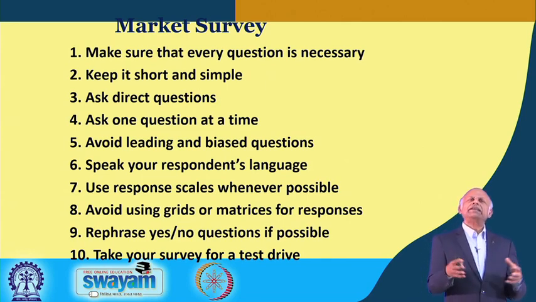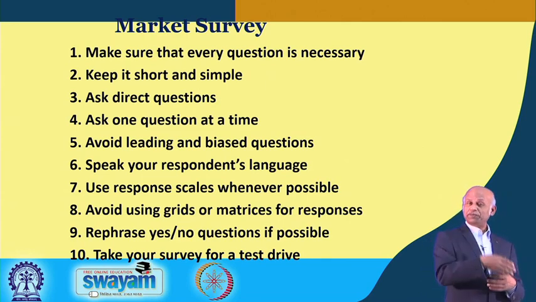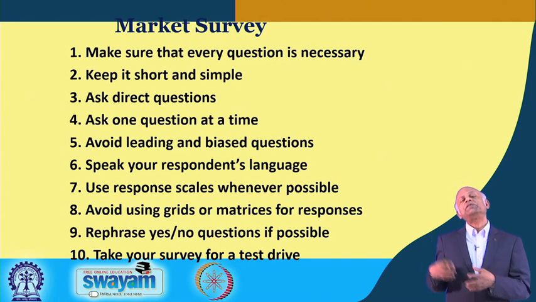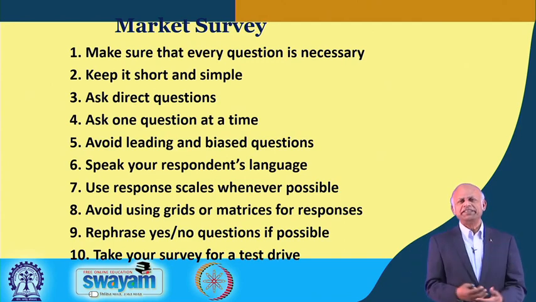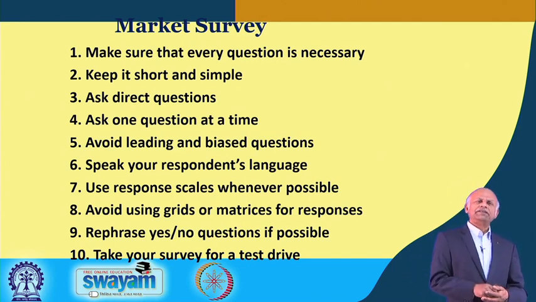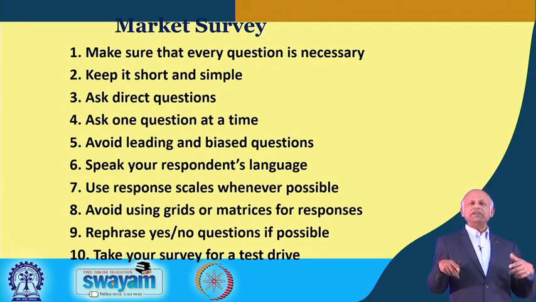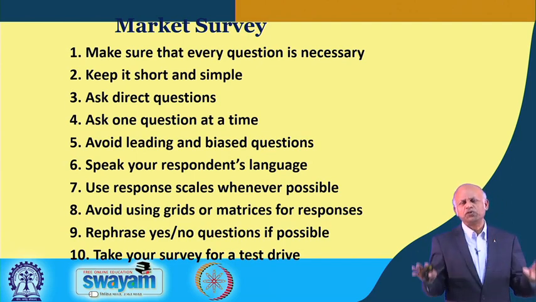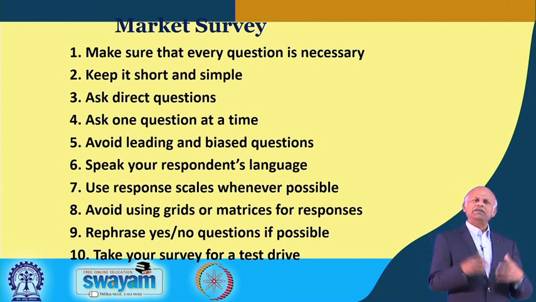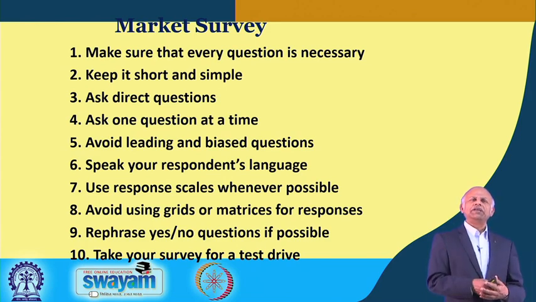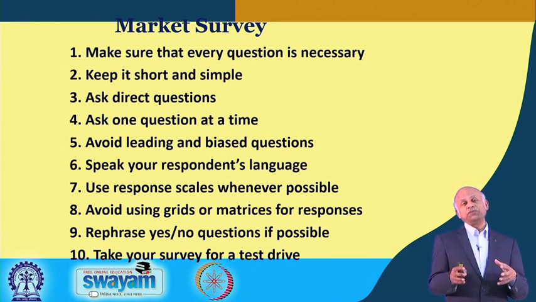So, with any scale given to a person, it becomes easy for them to give the data and it becomes meaningful to you. It becomes quantitative data and that gives better understanding. Avoid using grids and matrices that look so complex that nobody will reply, or if they reply it will be wrong. Rephrase as yes or no type of question if possible.